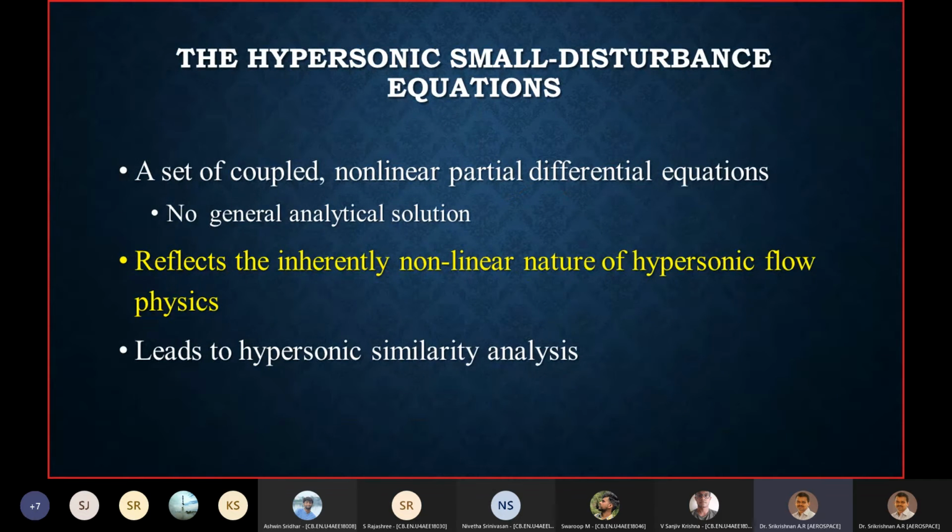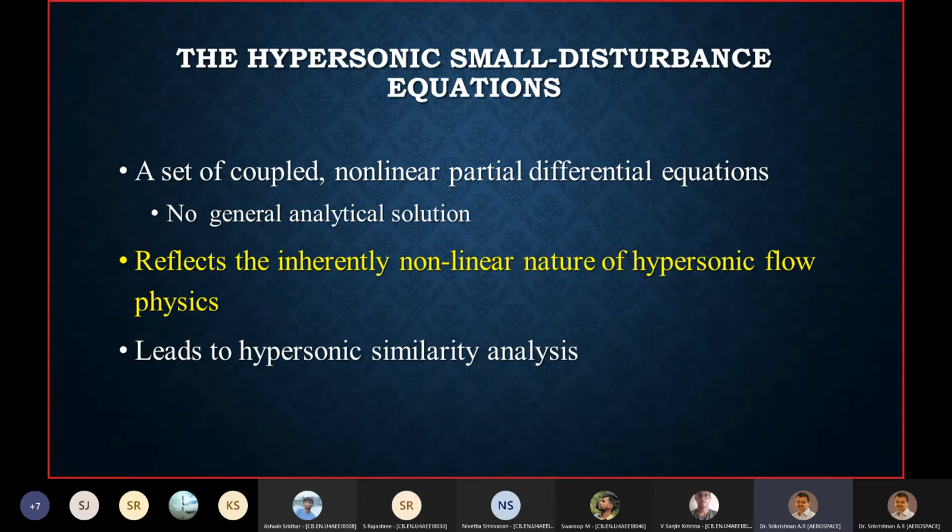As I just mentioned, we have a set of coupled non-linear partial differential equations, so there is no analytical solution. With all this simplification, we still cannot hope for an analytical solution, because the inherent non-linear nature of hypersonic flow makes it impossible to have any analytical solution.